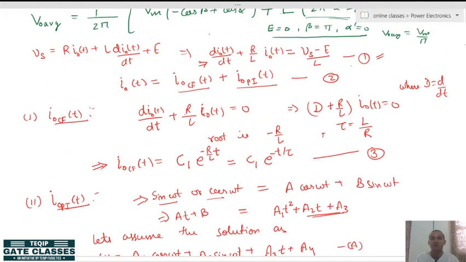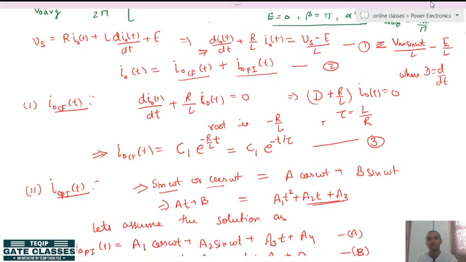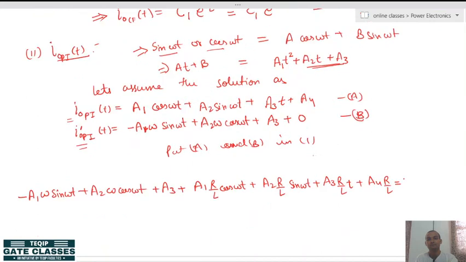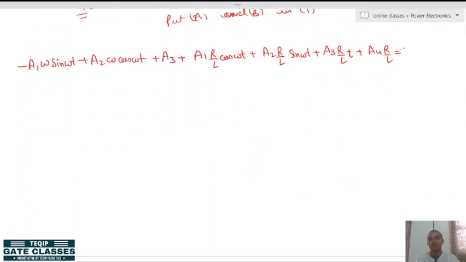If you want to write it here, we can expand this equation like this: is equal to Vm sin omega t upon L minus E upon L. So we have to write like this.